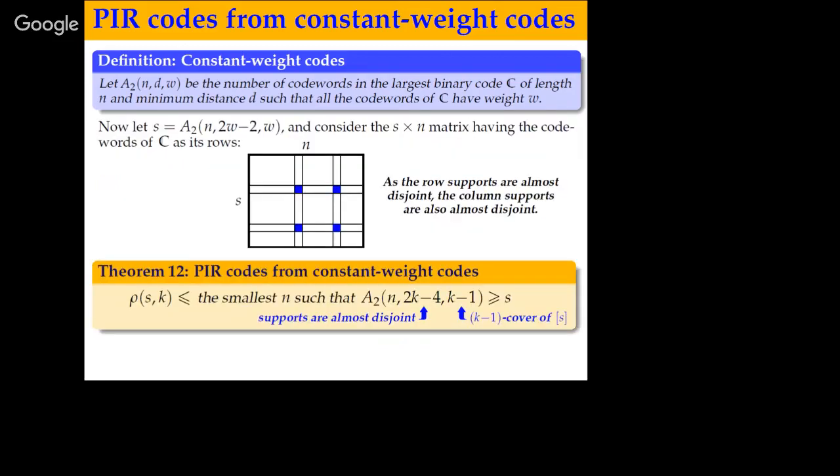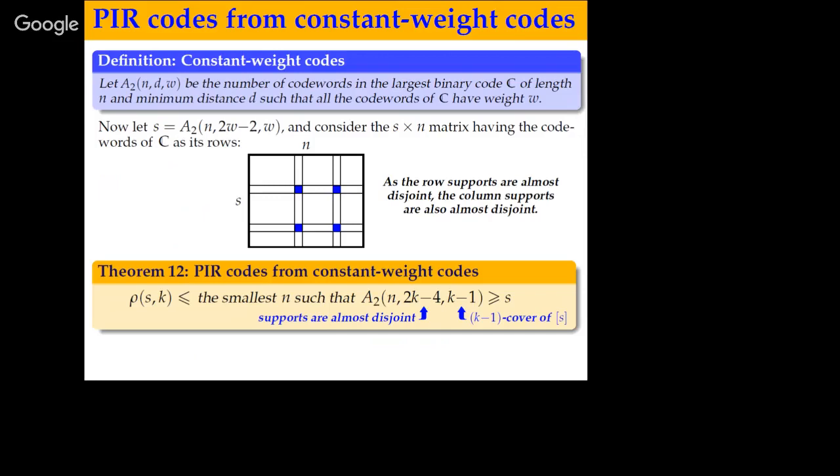And anyway, based on that, I could say that the redundancy is the smallest n such that the number of code words in a constant weight binary code of length n with distance 2k minus 4 and weight k minus 1.